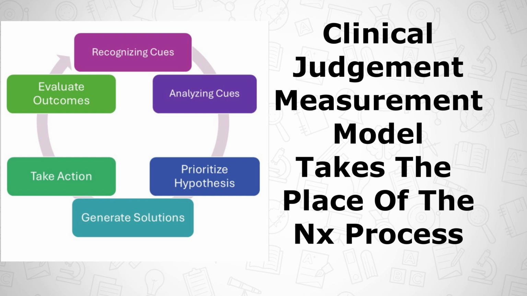So for those of you who remember your nursing process, what was it? ADPIE. Assessment, diagnosis, planning, implementation, and evaluation. I went over that so quickly because we don't need to know that anymore, guys.